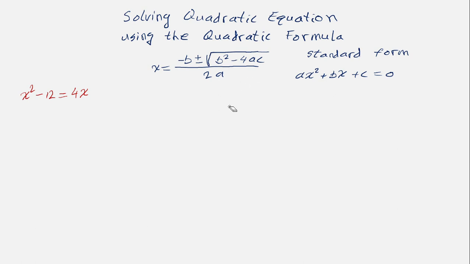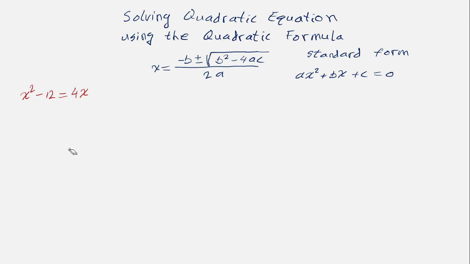This is a good way to set up our problem, to have everything on one side equal to 0 on the other, and then once we order them in descending order by the degree, we would have our a, b, and c correctly. We don't have to do it, but it's a good thing to get used to.